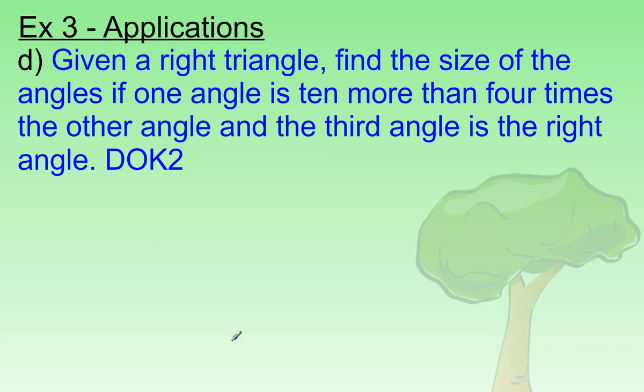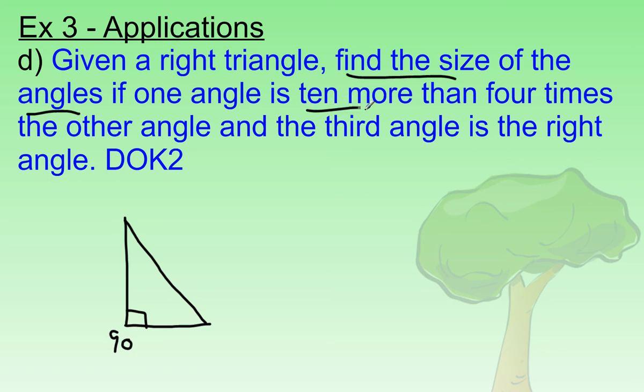Okay, so the goal, the thing we're trying to find is the size of the angles. That is what we want. So if I draw a picture, we know that one of them is a right angle, so that's 90. We know that one angle is 10 more than 4 times the other angle.